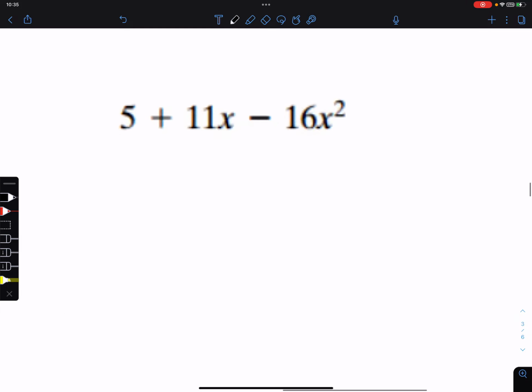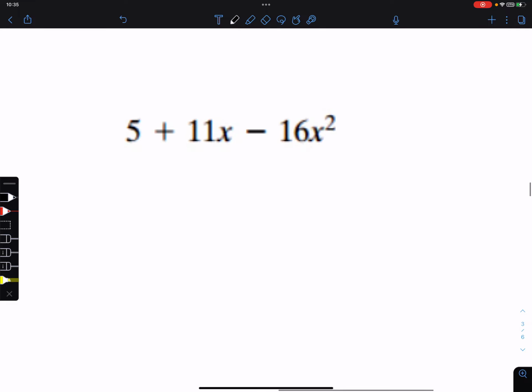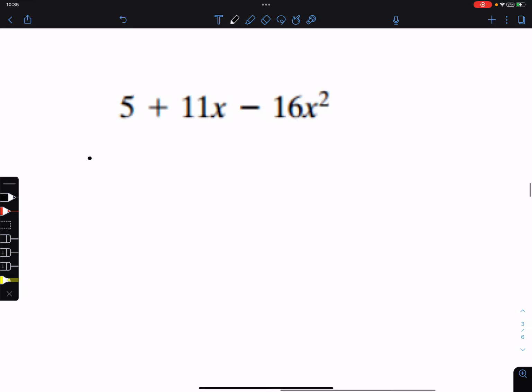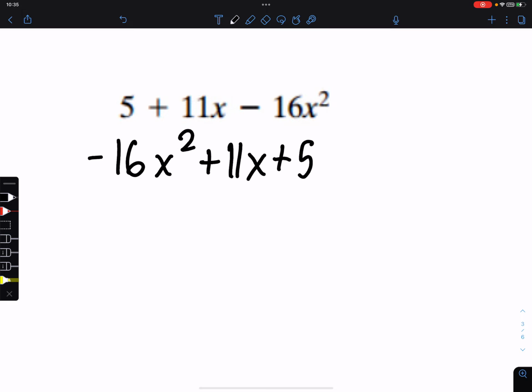Okay, now our x squared term is last. Normally we like it to be first. So what we can do is we can just rearrange this, okay? Plus 11x plus 5.